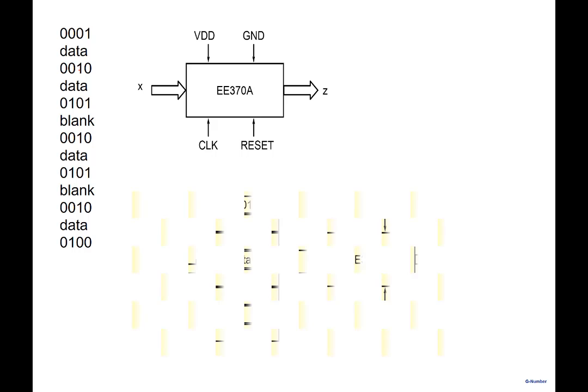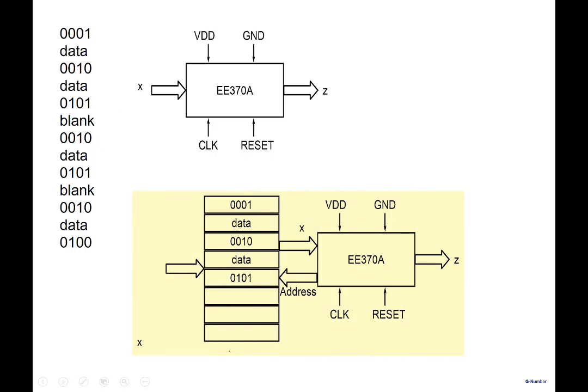So it makes sense that I have externally a set of registers, and I load my program into these registers beforehand. Now the data actually comes from this set of registers here.